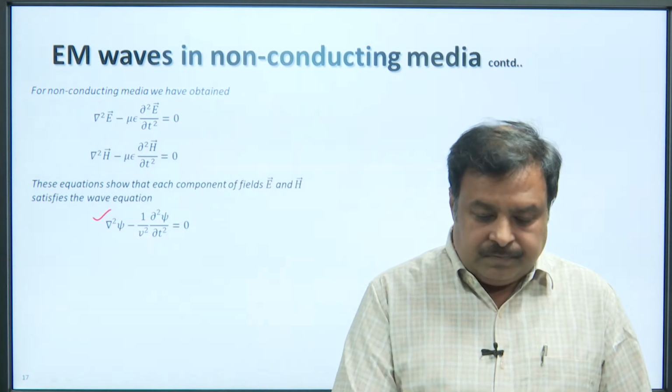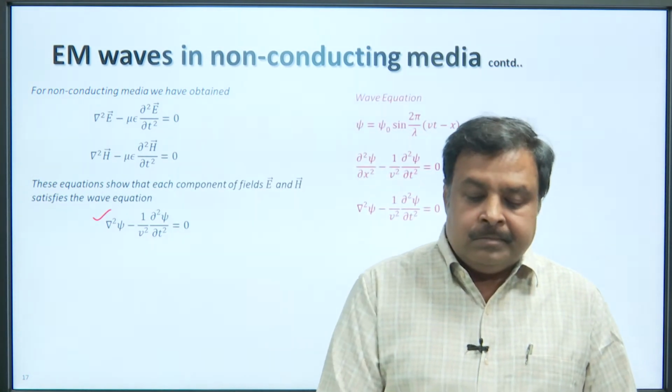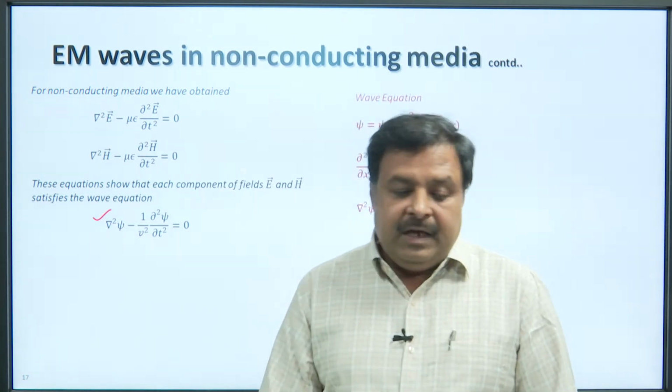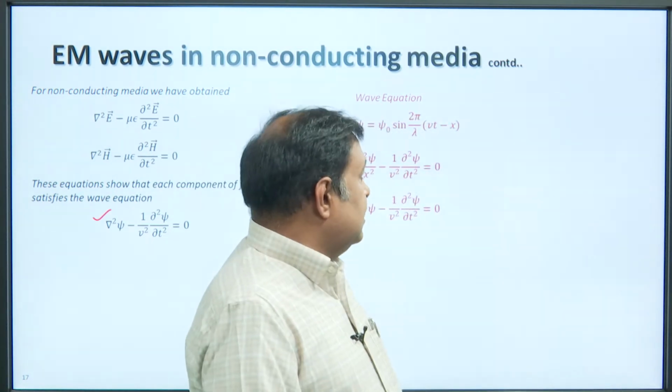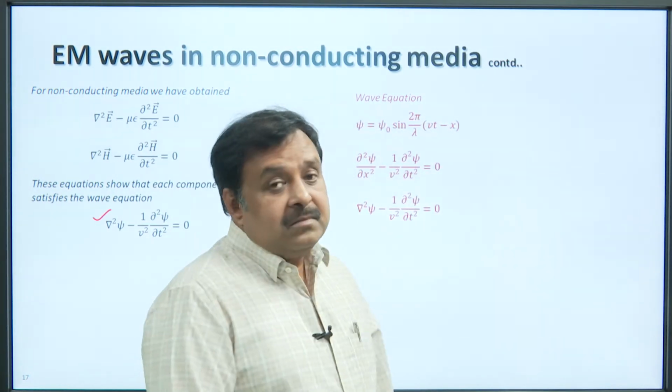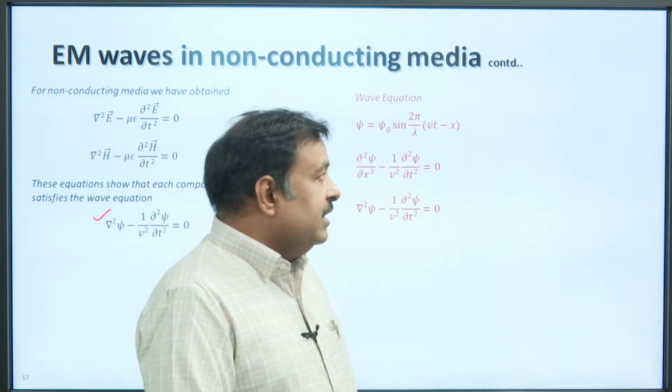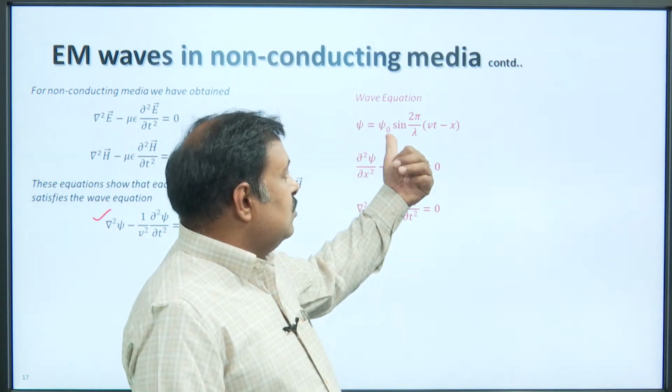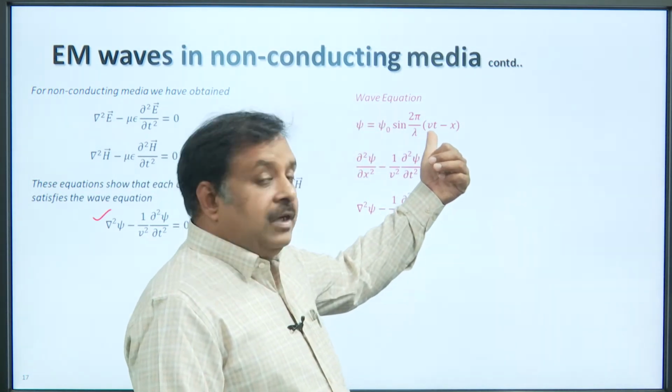How? We have learned earlier that we can write the equation of a plane progressive wave as psi equal to psi 0 sin 2 pi by lambda (V t minus x).